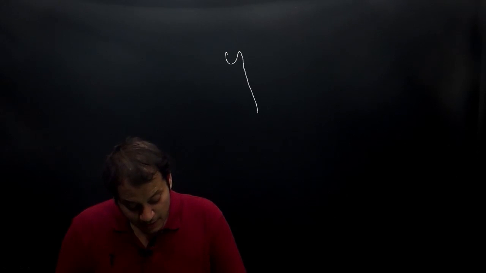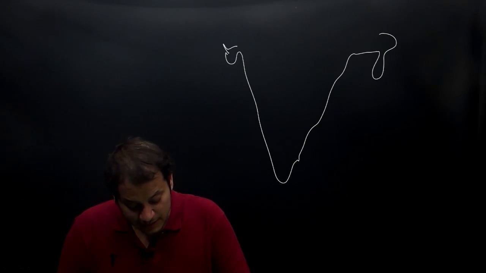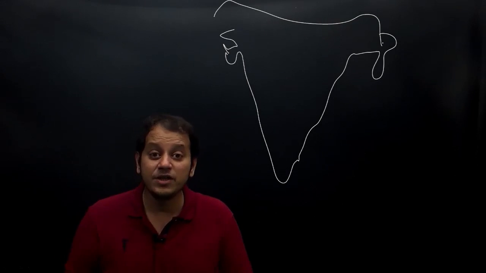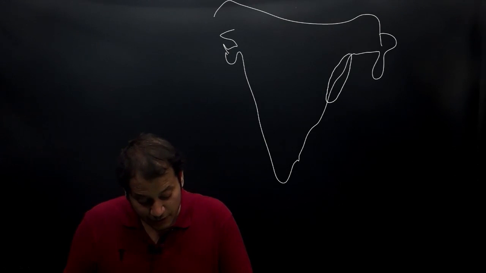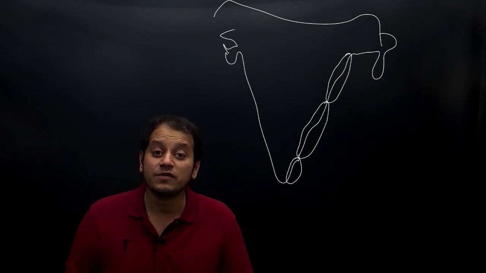Now let us study how we divide the east coastal plain of India. If this is a map of India, obviously some part of the east coastal plain lies in the state of Orissa, some part lies in the state of Andhra, while some part lies in the state of Tamil Nadu.